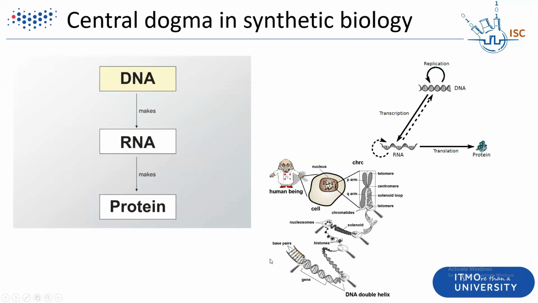And finally, this solenoid is organized as a chromosome. Then this structure is representing the nucleus, where all the chromosomes are located, and where the replication of the DNA is taking place, and transcription of the DNA is taking place.